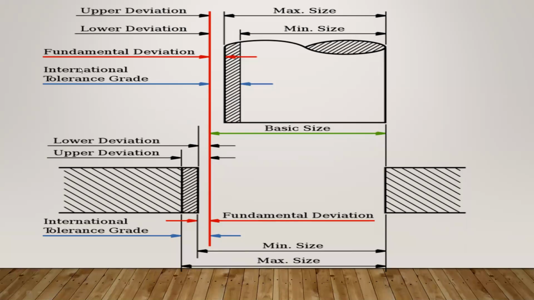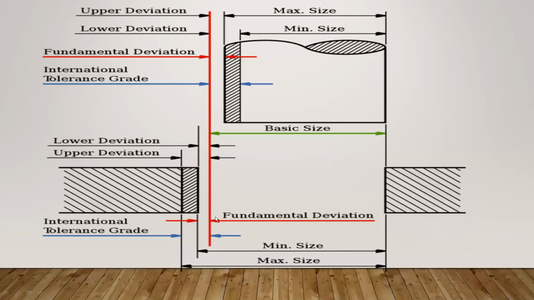So you can see the tolerance grade also. So the blue color line indicates the tolerance grade limit, and it is the international tolerance grade. So the international tolerance grade has been referred to as the difference between the shaft and hole. So you can see the difference here. The basic size, the fundamental deviation is seen as the gap between the hole and the shaft, that is the tolerance limit.